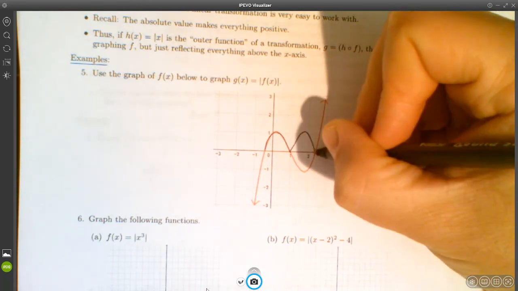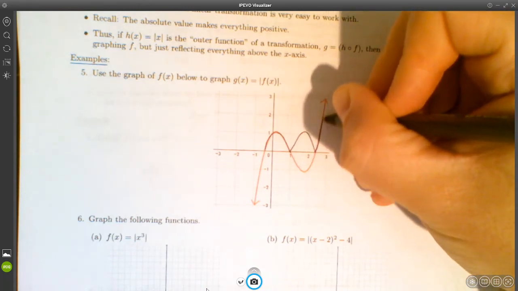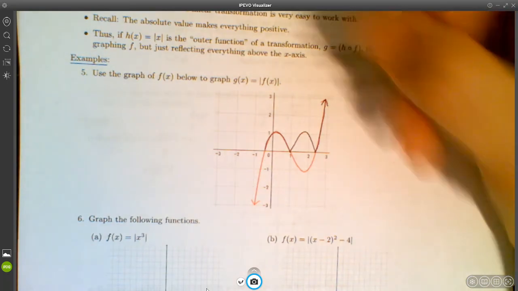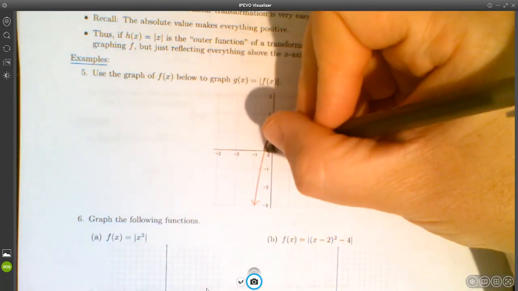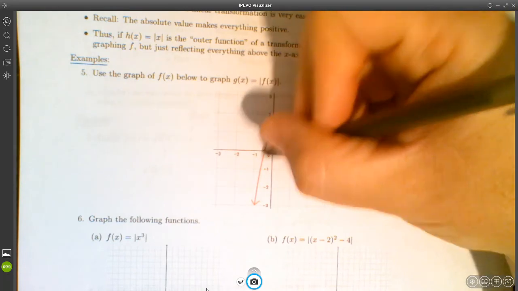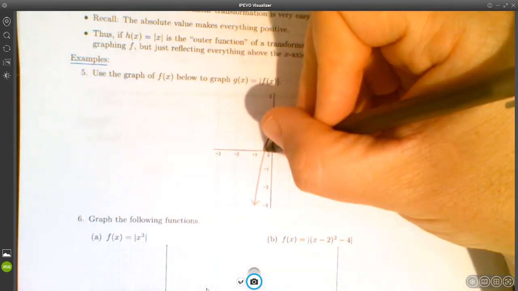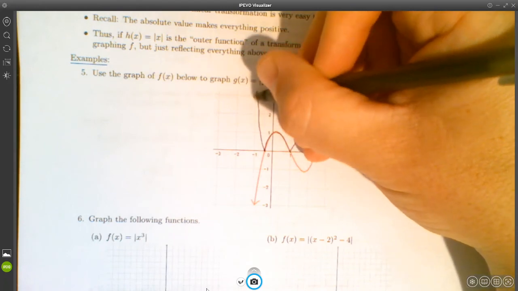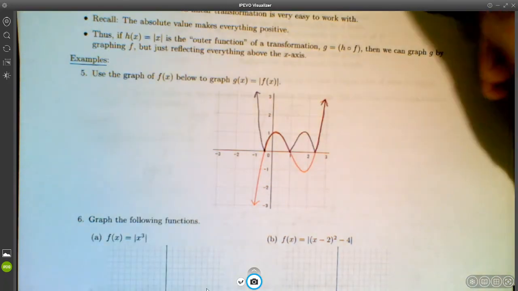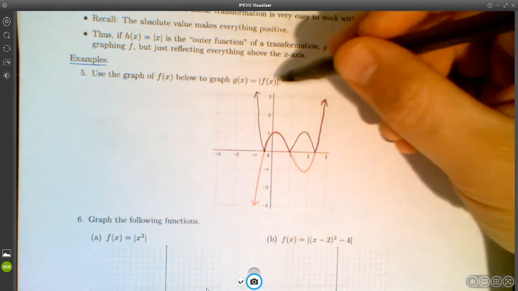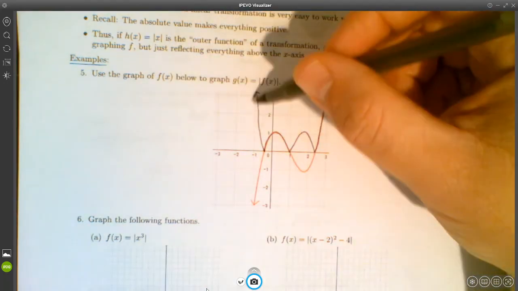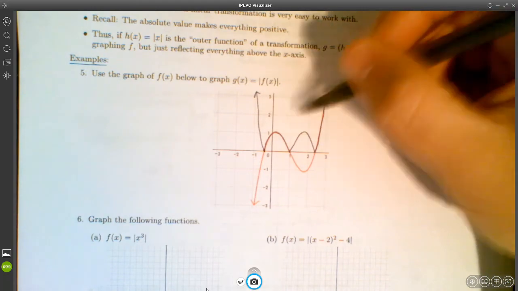Then at this point, it follows the original function again. Over here, it's going to bounce back up, not dip below the x-axis. So that's what absolute value of f of x would look like. It has all of these bounces in it.